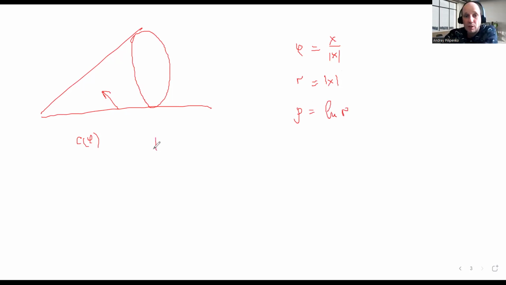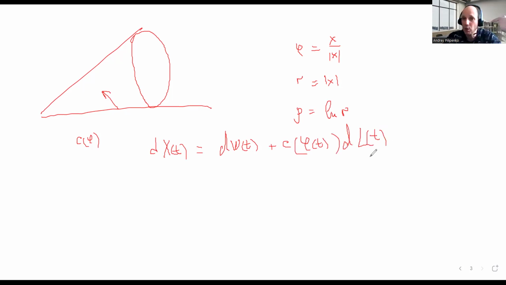And the equation is dX_t equals dW(t) plus C of phi of t dL of t.